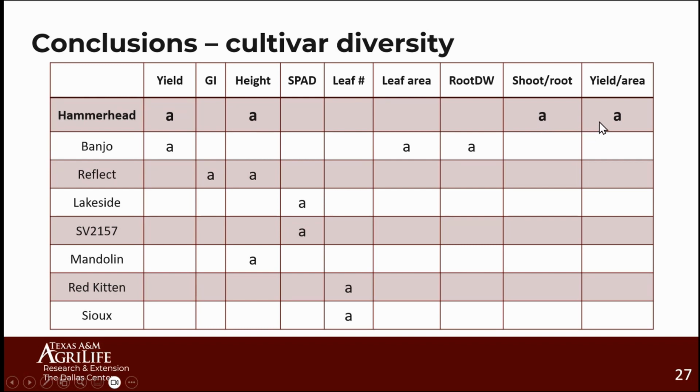As we mentioned, we desire a higher yield of the cultivar. We also desire it to grow vertically instead of horizontally, as well as a higher yield per horizontal area. Among other cultivars, banjo can be recommended since it also resulted in a high yield.